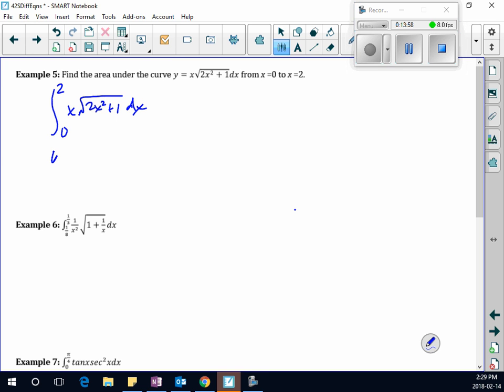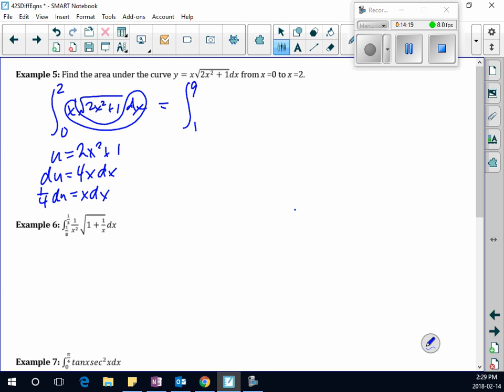Okay, u equals 2x squared plus 1, du equals 4x dx. So 1/4 du equals x dx. So that would be 1, and that would be 9, yes? And the x dx is this part of it. So then this is going to be u to the power 1/2 du with a 1/4 in front of it, yes?